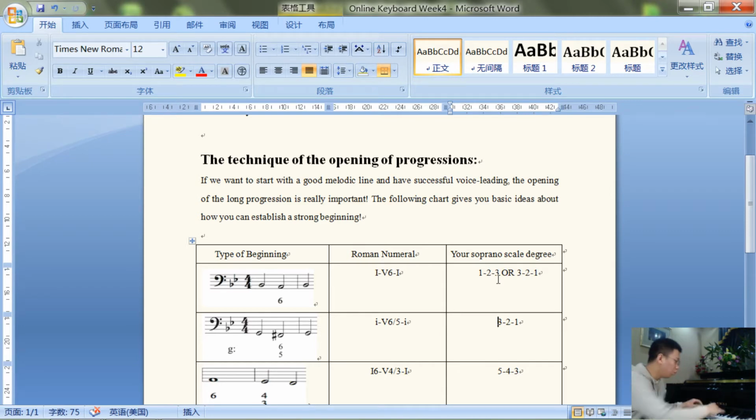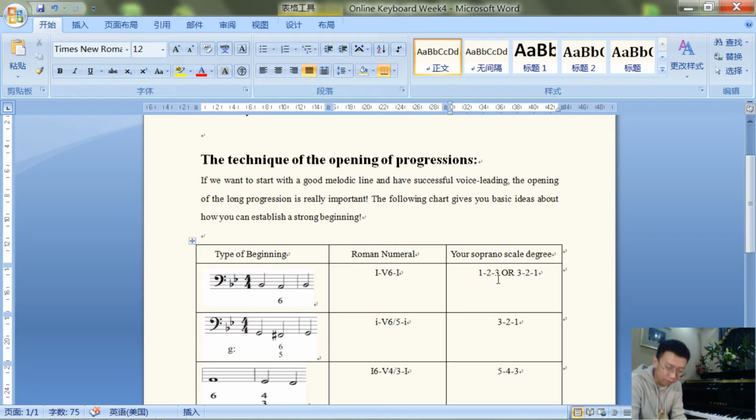Instead, we can use soprano scale degrees 3, 2, 1. Let me play again. Somebody will be concerned that there is a parallel fifth. But it's okay because it's a perfect fifth to a diminished fifth.